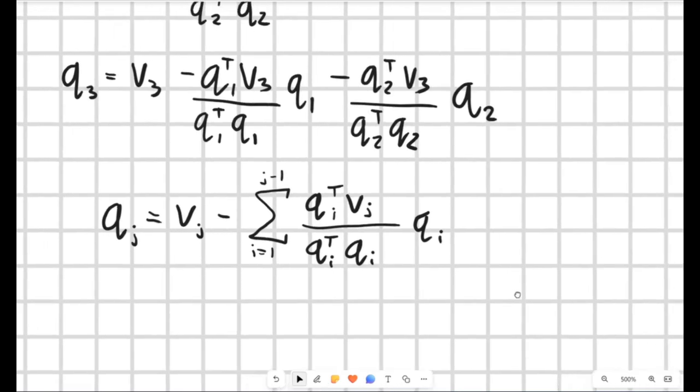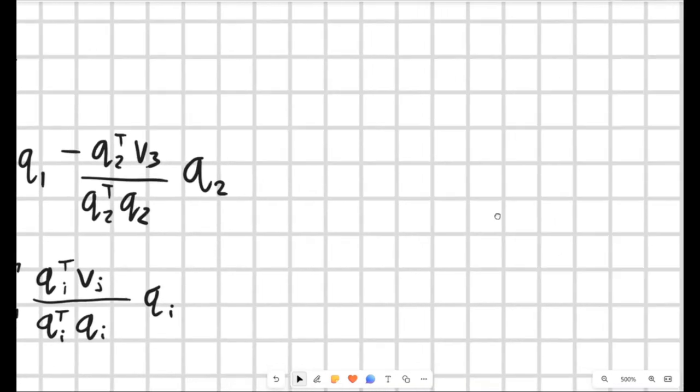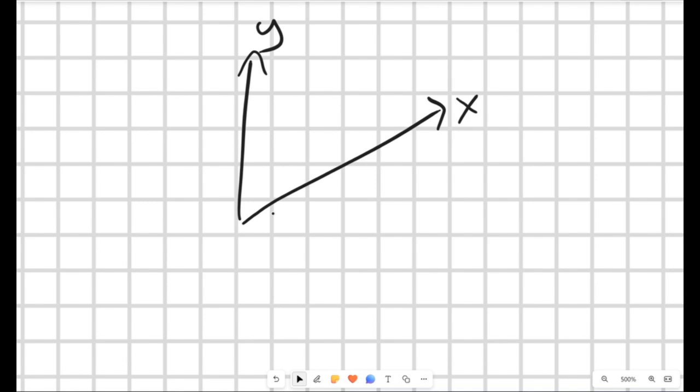So now we're going to try and think about what's happening geometrically by defining something called the projection operator. So let's imagine we have a vector x and a vector y.